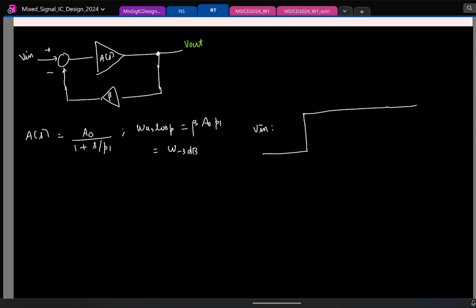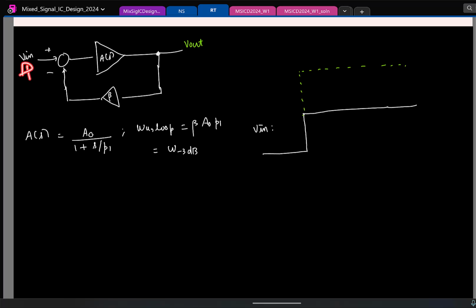If the input is jumping up from 0 to 1, what will happen to the output? It will jump from 0 to, what will be the value to which it will reach? This is a closed loop system.